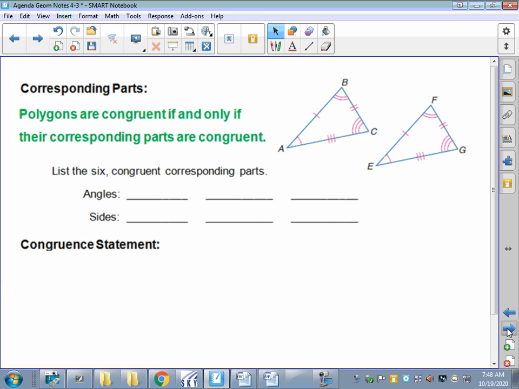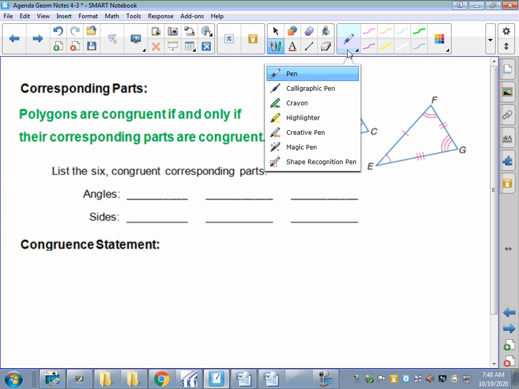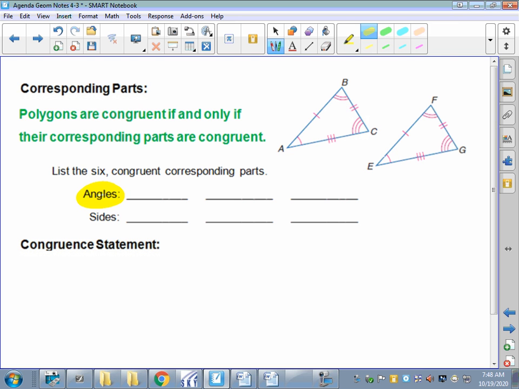If I'm looking at the first triangle, triangle ABC compared to triangle EFG, looking at just angles first, name a pair of corresponding angles. Well, it looks to me like angles A and E are corresponding, right? They both have the single dashes. So angle A is congruent to angle E. They are also corresponding angles.